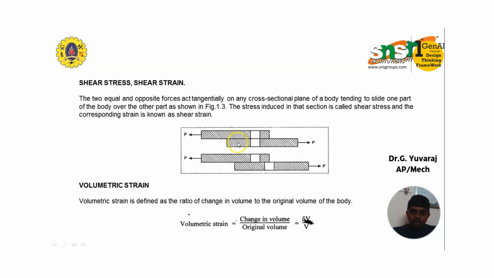Here there are two bars acted upon. The forces act tangentially at any one cross sectional plane, tending to slide one part of the body over the other part. The stress induced in that section is what we call shear stress, and following that, shear strain.